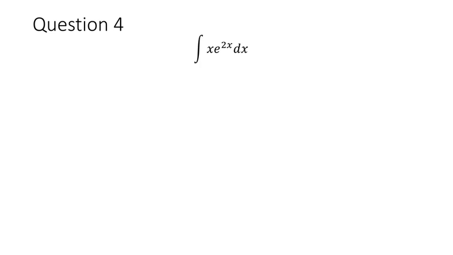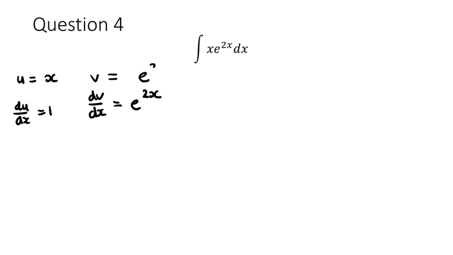So for this, when we do integration by parts, we need to call one function u and the other one dv by dx, not u and v like the product rule. We're going to call the x u because I can easily differentiate that to get 1, and later I'm going to have to multiply du by dx by v, so the fact that it's 1 is really easy to work with. dv by dx is e to the 2x.